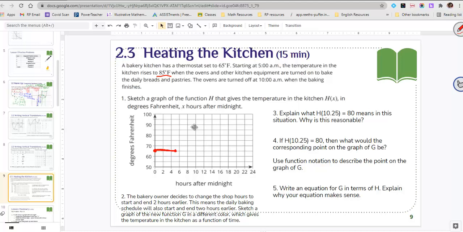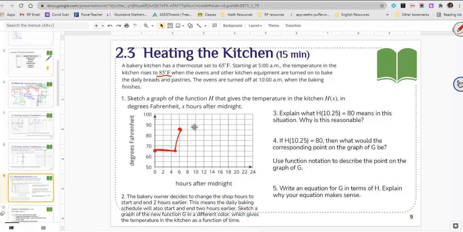Starting at 5 a.m., it takes an hour for it to rise up to 85 degrees Fahrenheit. So by 6 a.m., it's 85 degrees, because they turned on all the ovens to bake bread.